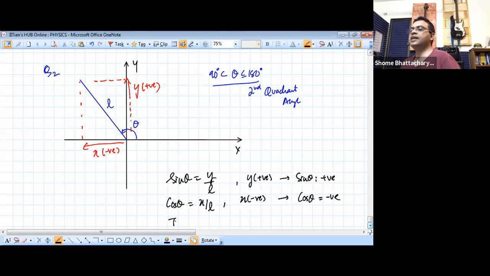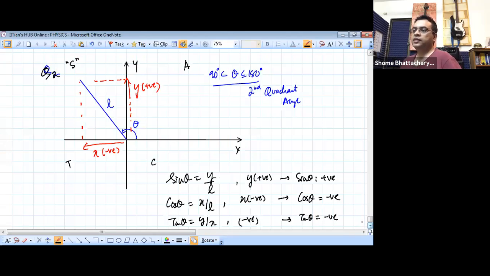And similarly, tan theta is perpendicular upon base. So again, it becomes negative. Tan theta becomes negative. Okay. So that is why in second quadrant, we say it is S because only sine is positive. So that is your ASTC. By similar logic, you can show that here tan is positive and here cos is positive.